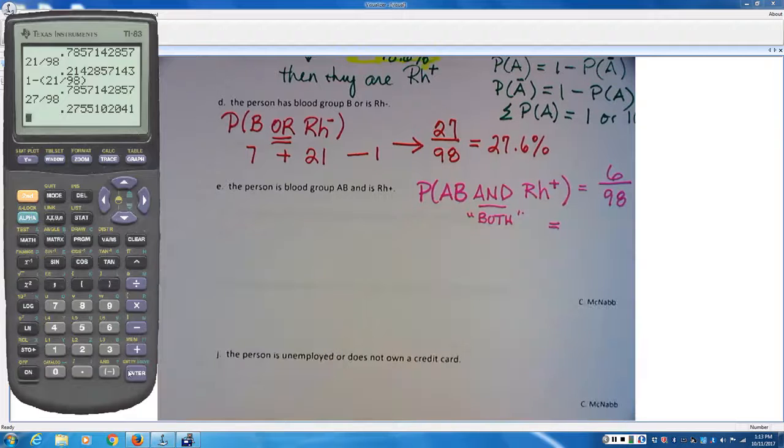And then if I change that to a percentage, I know that 6 out of 98 isn't very much, but I know that 6.1% is not very much either, and it's a lot clearer to me.